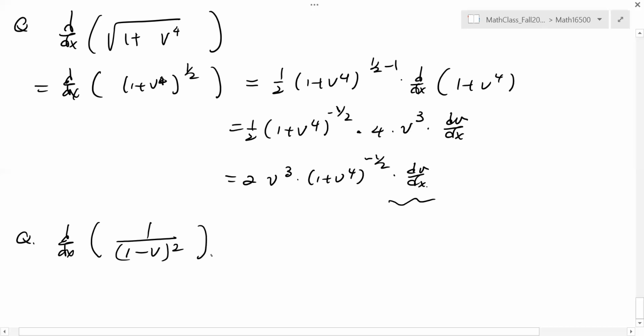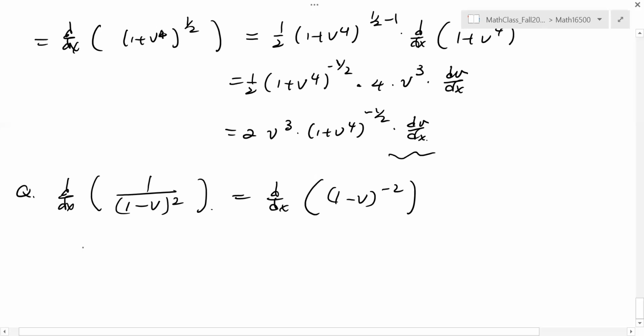Alright, so first of all, you express it in the standard form, right? So look at it as a power function. So by the chain rule, then dv over dx.